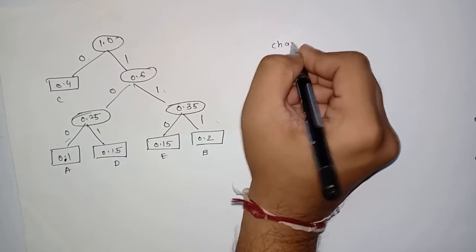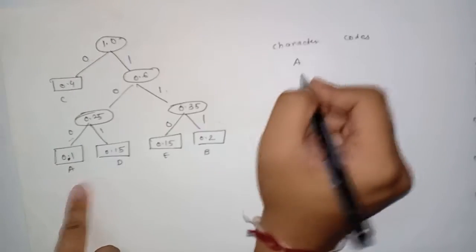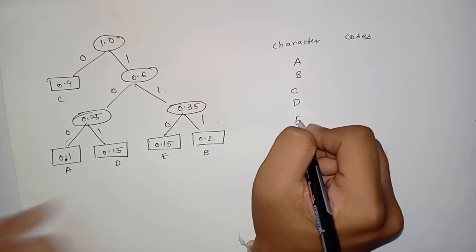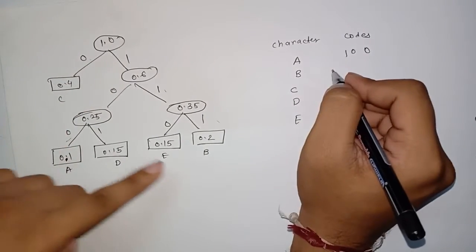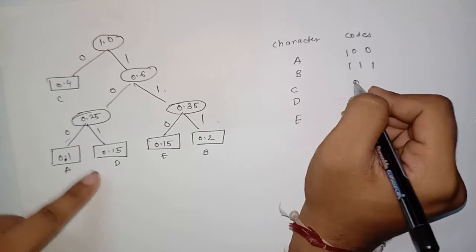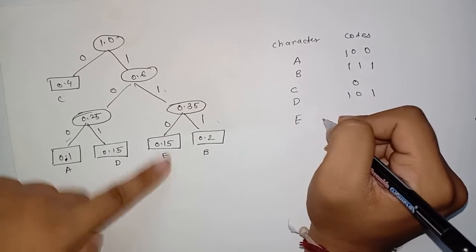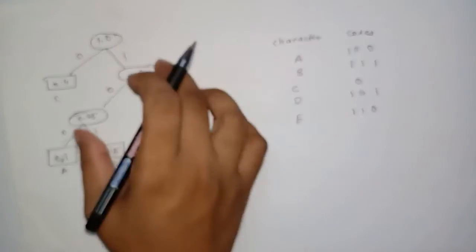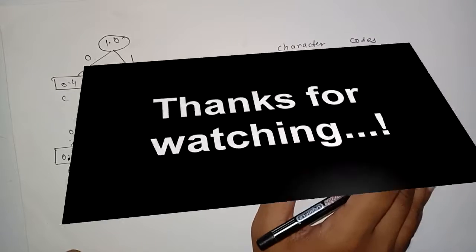So the characters and codes are: A, B, C and D: 100, 111, 0, 101, and for E, 110. By this you can calculate any Huffman code for the tree.